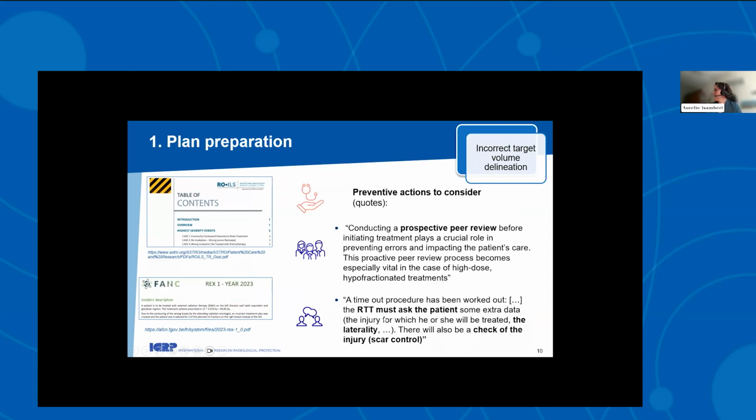A second preventive action, provided in some reports, is the role of radiographers, and also the involvement of patients when possible, to perform a check of the laterality of the site to be treated, to check the injury and the scar when possible, mainly in the case of breast treatment.